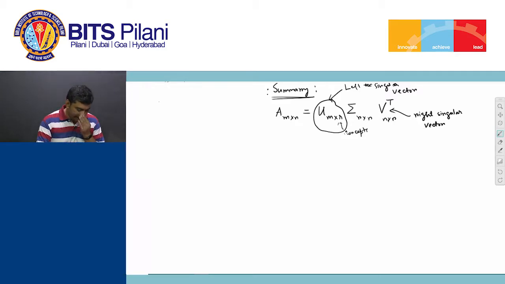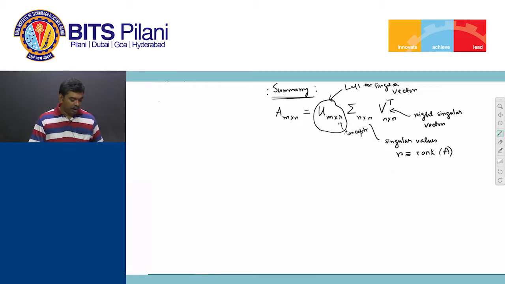And these are the singular values, and r is nothing but the rank of A. So basically, r is nothing but the strength of each concept.